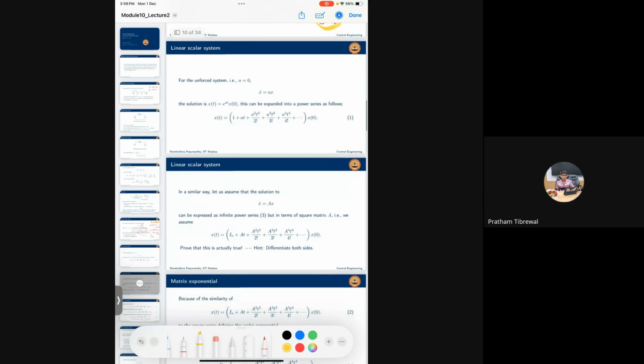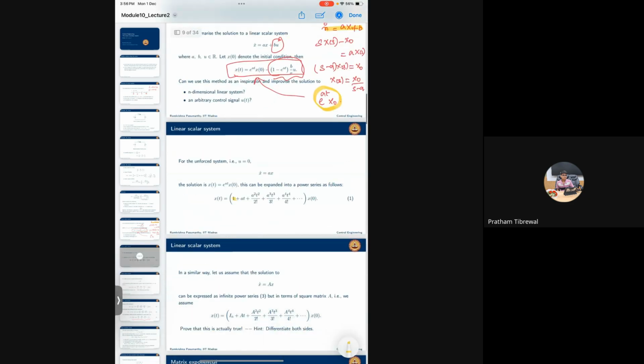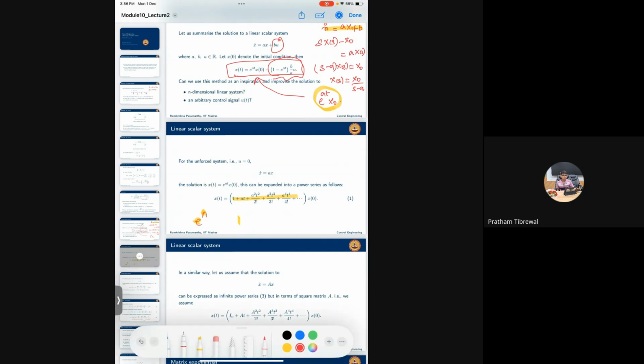And for e power At, if you want to expand this e power At, it will look like this. e power At is equal to 1 plus At plus A square t square by 2 factorial plus A cube t cube by 3 factorial, etc. It will expand until the higher order terms.